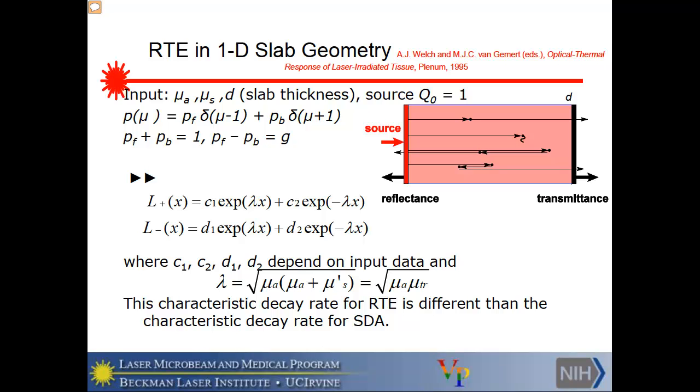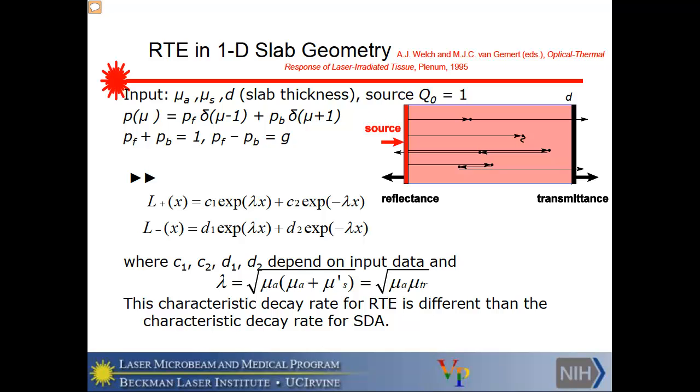The optical properties are going to be simulated from this bidirectional single scattering phase function, P of mu. You ask for a probability P sub F of scattering in the forward direction. That means mu is 1. And a probability P sub B that the scattering is in the reverse direction. That means mu is minus 1. So it's this combination of delta functions such that the probability of forward and backward scattering together add to 1.